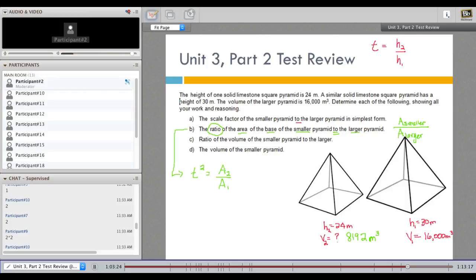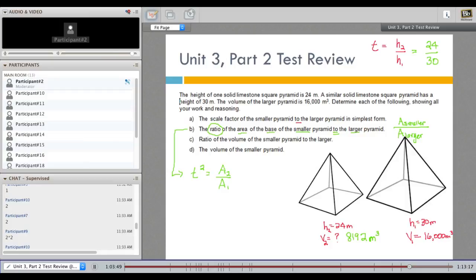So think to t. What do I know about t? Look up here at the top, the part I have in red. We know height 2 over height 1, right? Because we just used it for Part A. So can you use that to tell me what the ratio of the areas is? I want you to think about this.